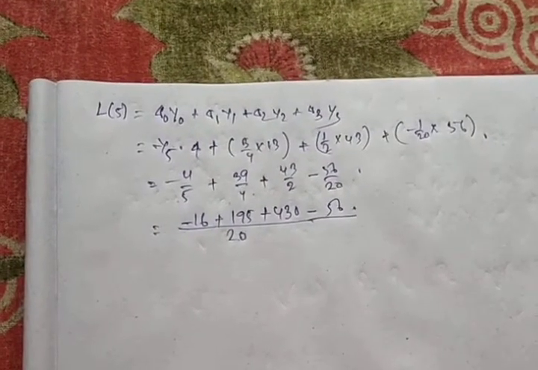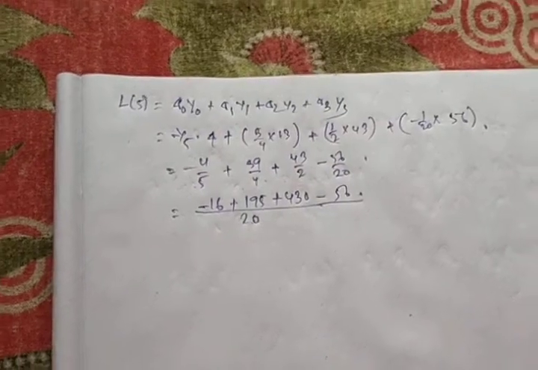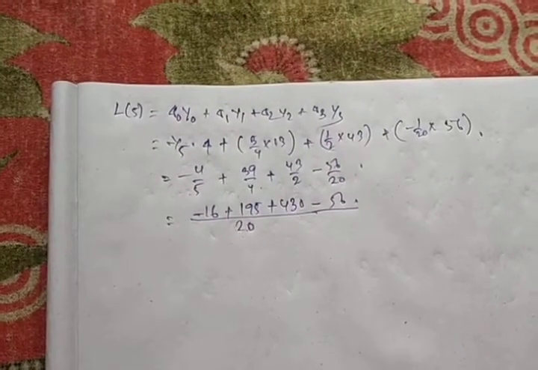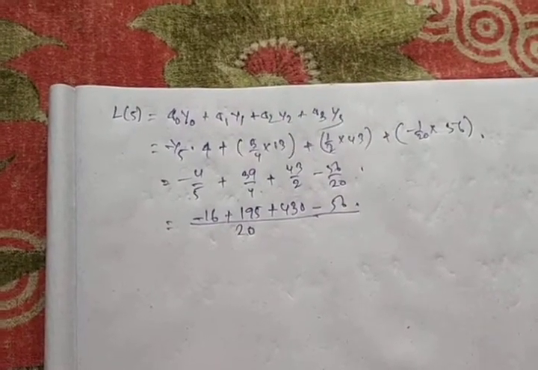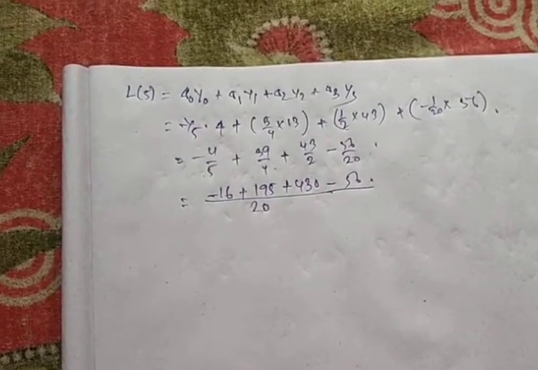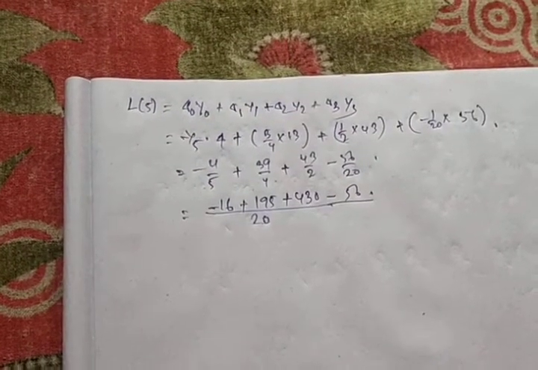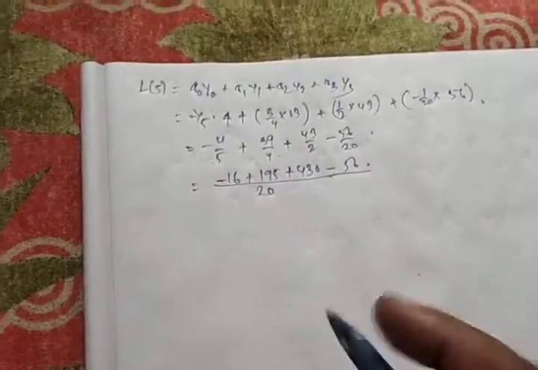Sorry, what is happening? Sorry, 195 plus 430 minus 16 minus 56, 553.